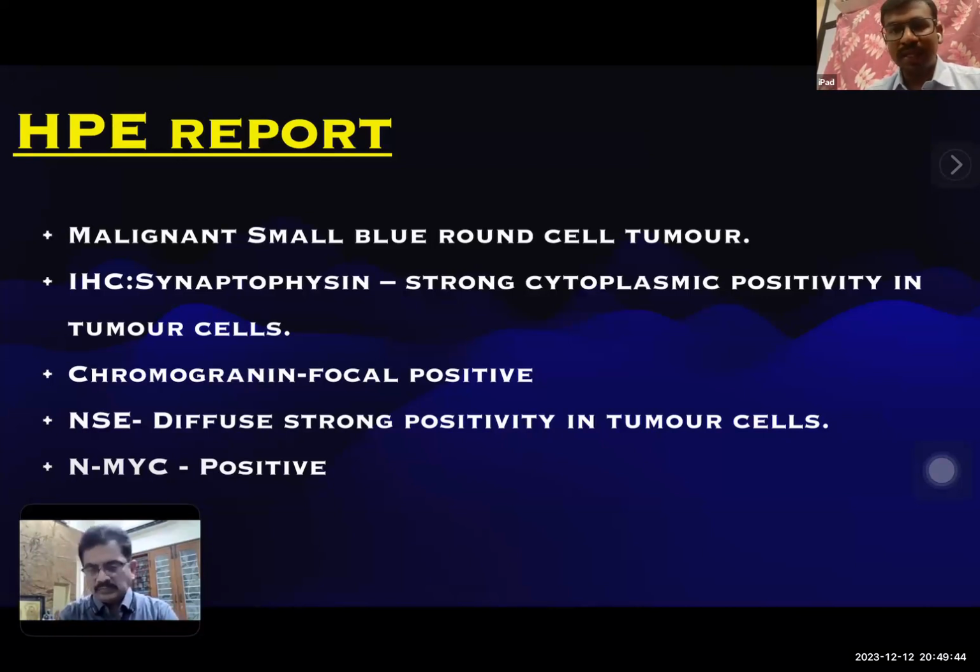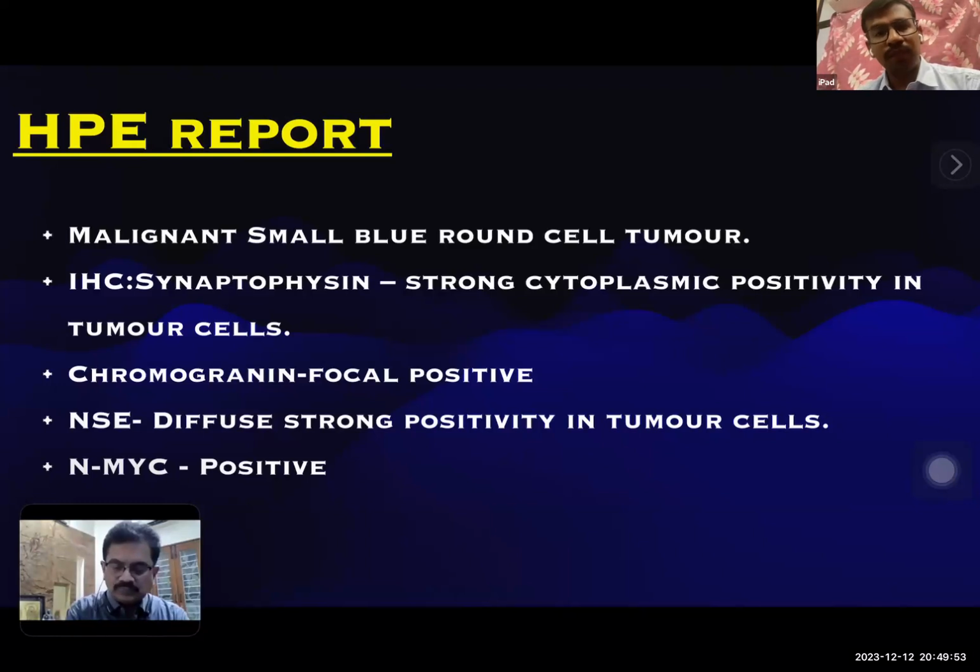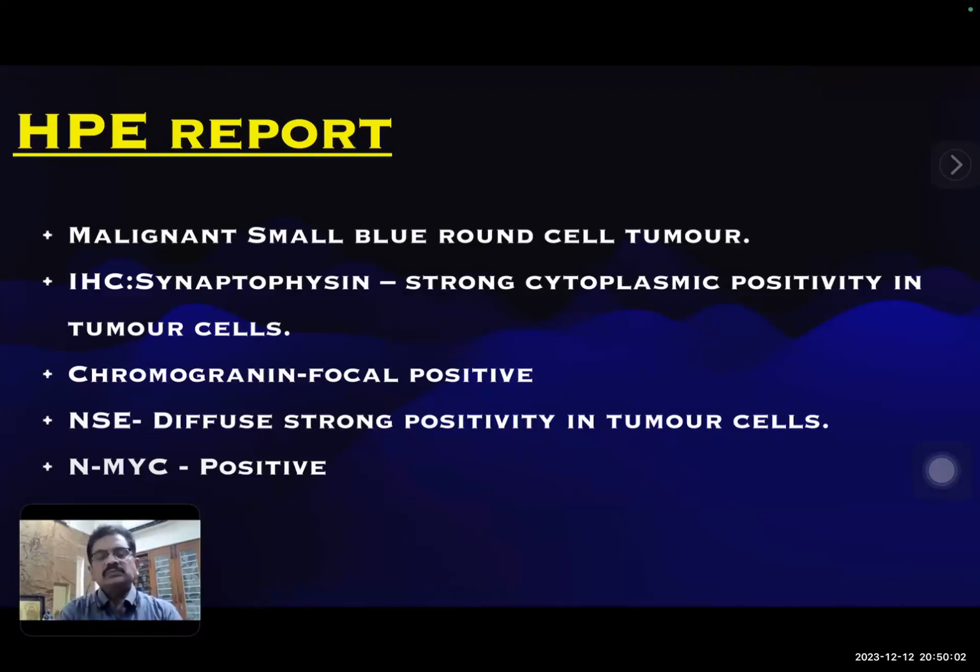Next, I want to know whether the Schwannian stroma is rich or poor, that is, more than 50% or less than 50% of the tumor. If it is more than 50%, it goes into good prognosis, so I classify it into ganglioneuroblastoma or ganglioneuroma.